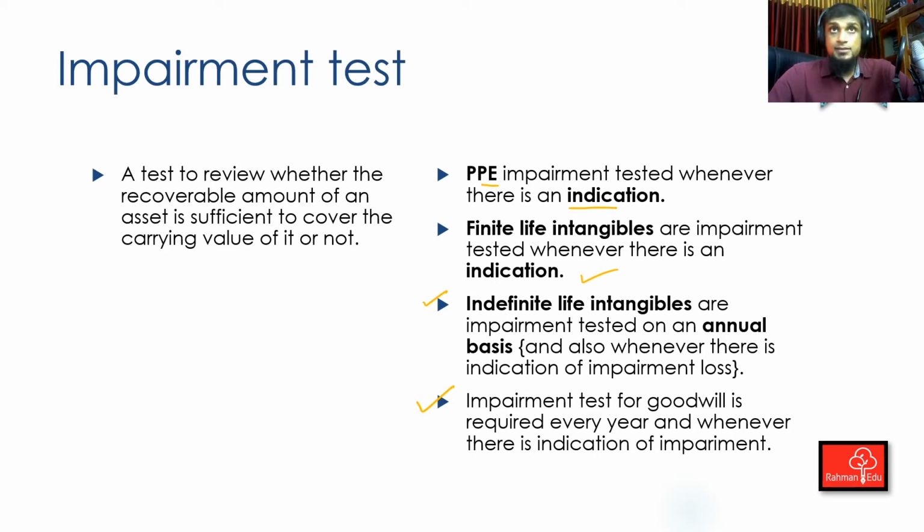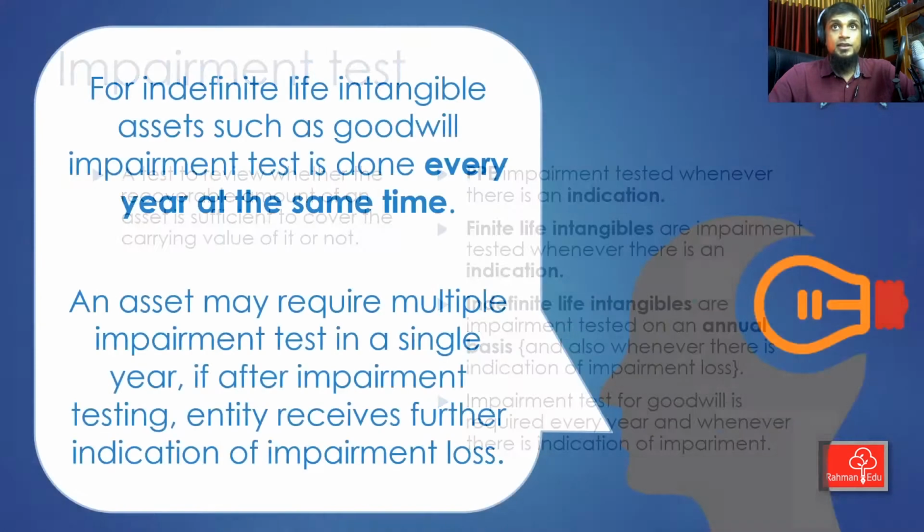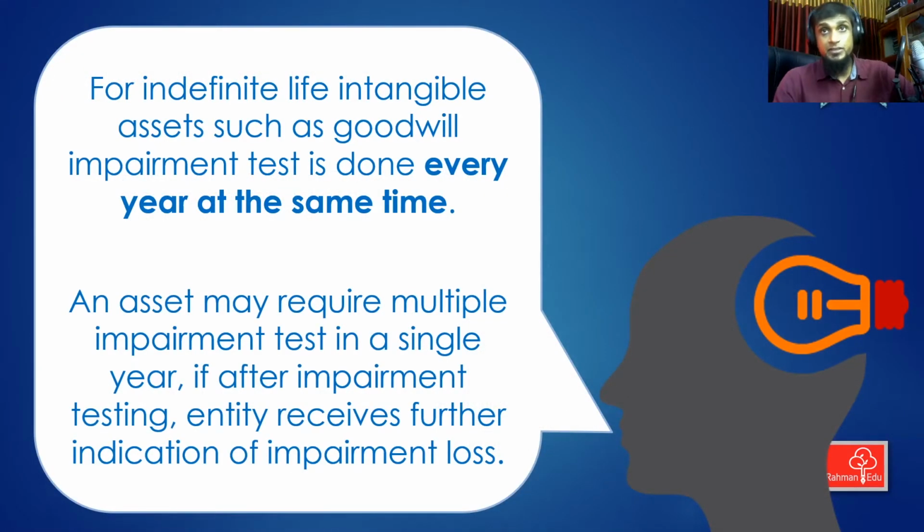Alright guys, next, if you are doing an annual impairment test for goodwill or indefinite life intangible assets, do that annual test at the same time every year. Last year you have done it in March. This year again do it in March, like that.